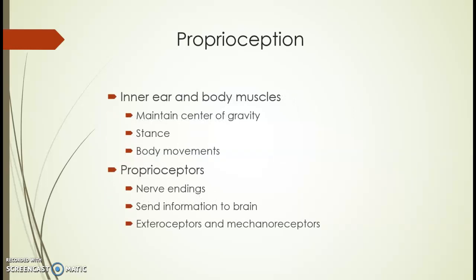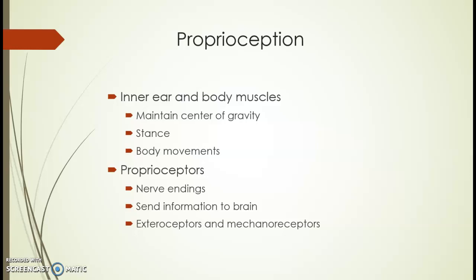Proprioception relies on the vestibule and the semicircular structures in the inner ear and the muscles in the body to all work together in order to maintain center of gravity, stance, and body movements. It also involves sensory receptors called proprioceptors found on the nerve endings of muscles, skin, joints, certain tissues, and the inner ear.